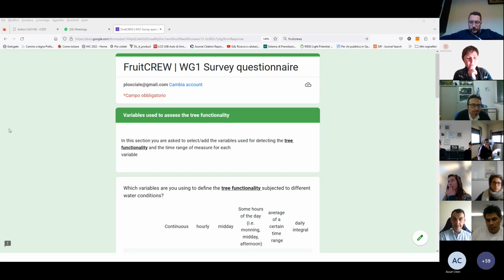For instance, if we have very little information about grapevine, I know that it is not true, but a lot of information about cherries, it's a pity to exclude cherries in this case. So the first thing in this survey is to get a picture of what we have at our disposal, because after that we can move on to collecting data.